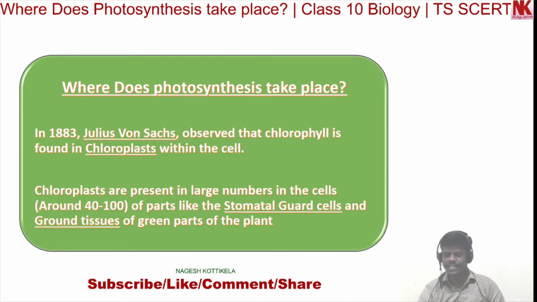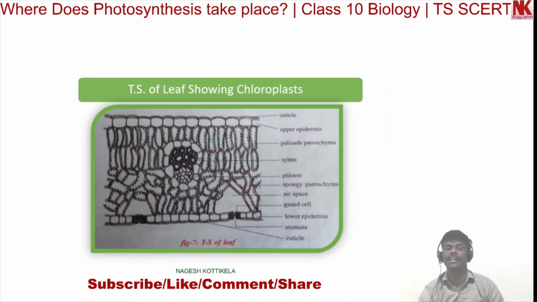You can see here in this diagram, it can be understood clearly. So this is a stomatal guard cell. The stomatal guard cells are the smallest epidermal cells, and these are the ground tissue cells. They are nothing but the parenchyma cells.